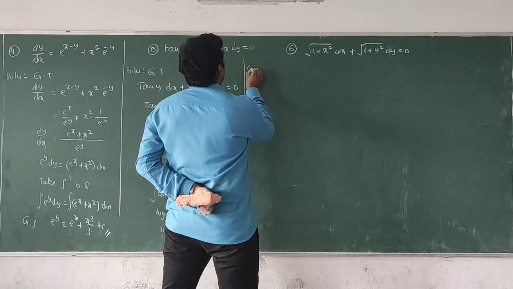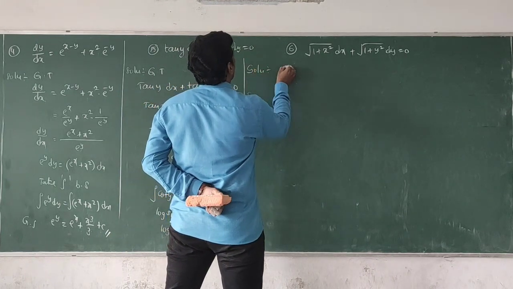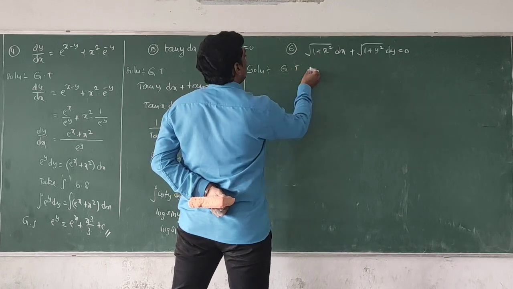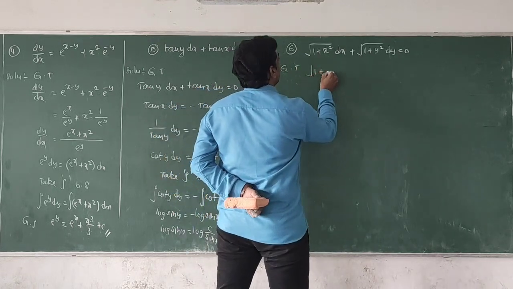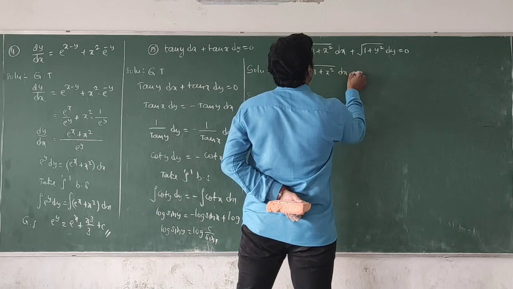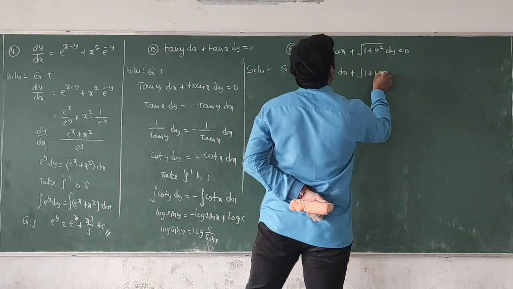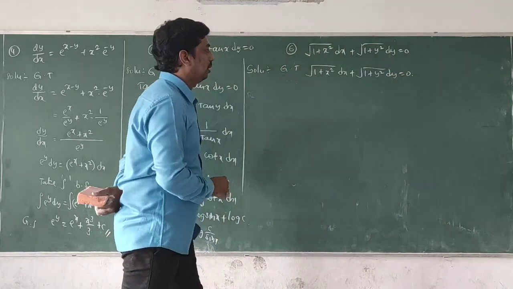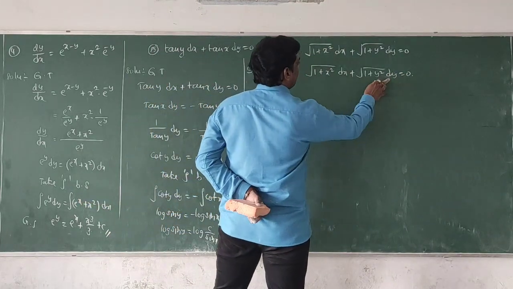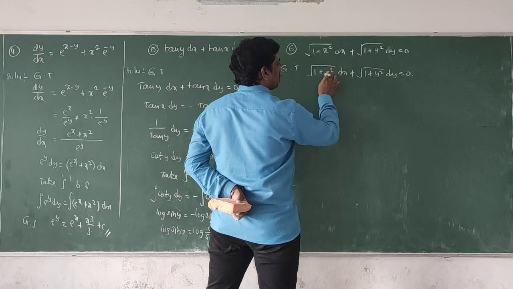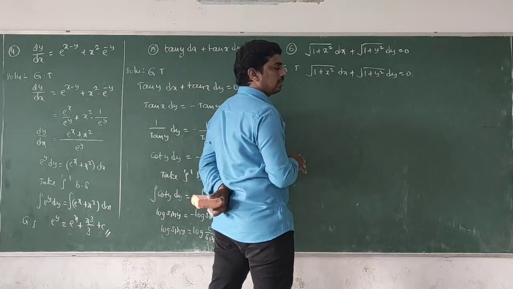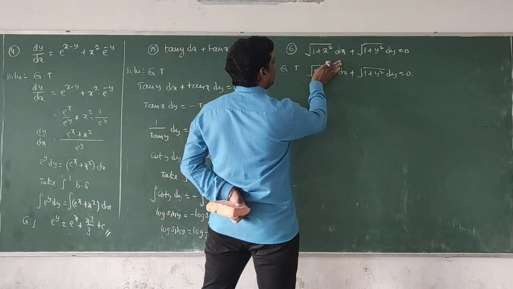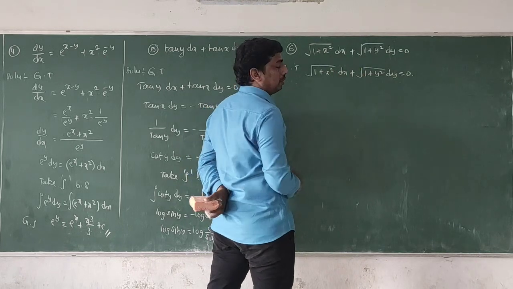Now, in the solution, given that square root of 1 plus x square into dx plus square root of 1 plus y square into dy equals 0. Here the y term is with respect to y, the x term with respect to x. That's why no need to separate that one. Just take the dx term to the RHS.